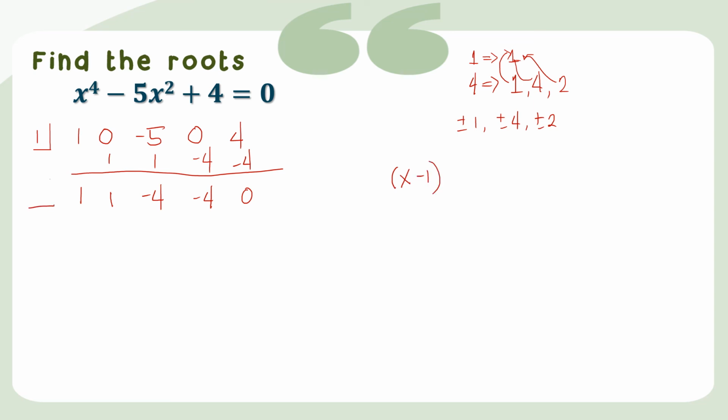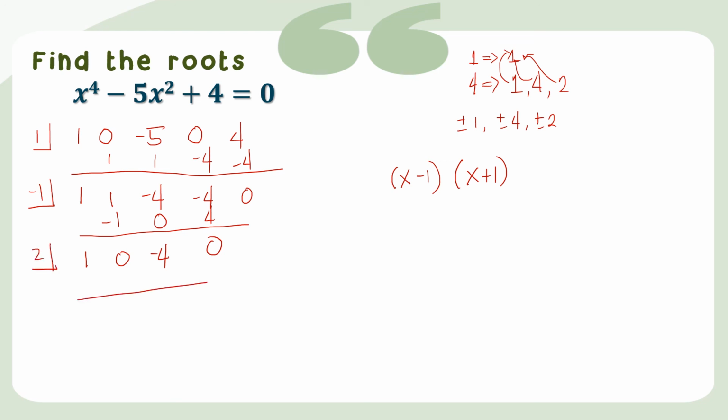Next, let's try negative 1. 1, negative 1, 0. Kapag nag-0 na at naandito pa lang kayo, hindi pa yan tapos. Diretso pa. 0, negative 4, positive 4, 0. So, we have x plus 1. Pagka nga naman sinuswerte sa given, ano? Let's try positive 2. 1, 2, 2, 4, 0.